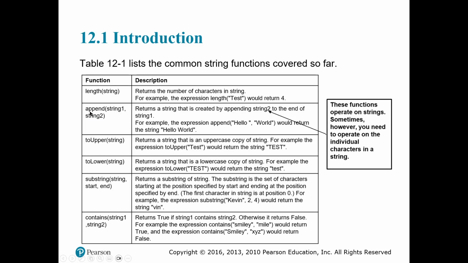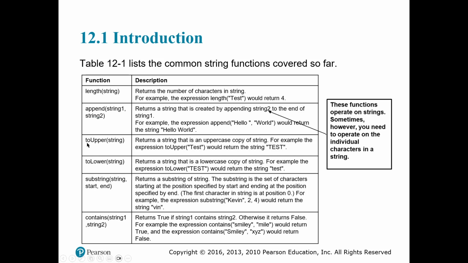Now, the next one is called append, and you will need 2 strings to do this. This function append will return a string that is created by taking string 2 and putting it at the end of string 1. Here's another example: we have 2 strings and we're using append on "hello" and "world", and it would return the string "hello world".